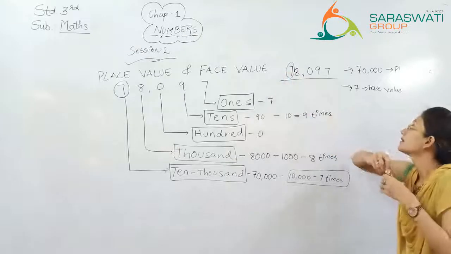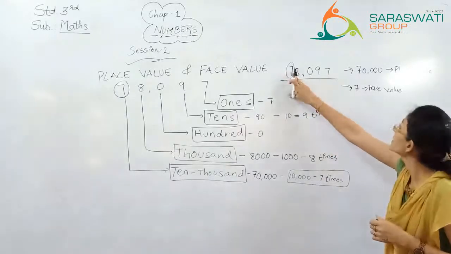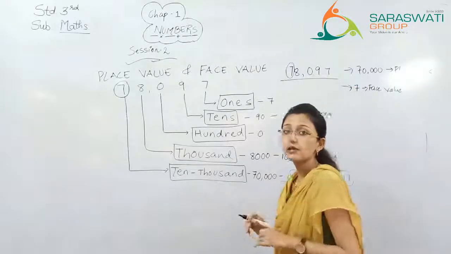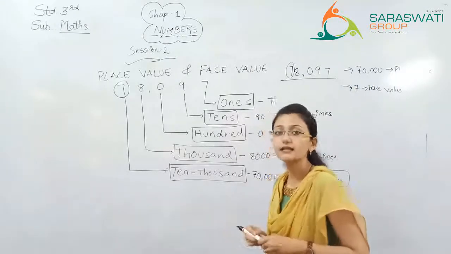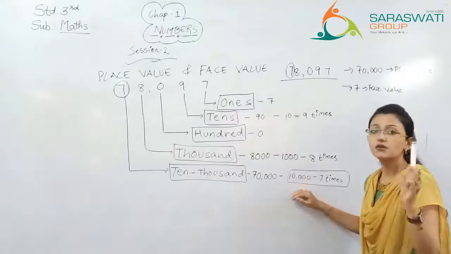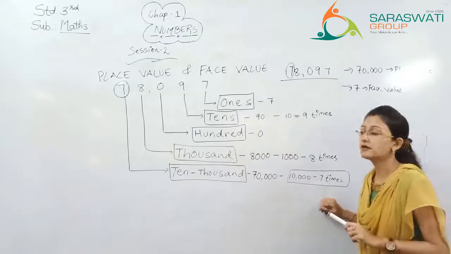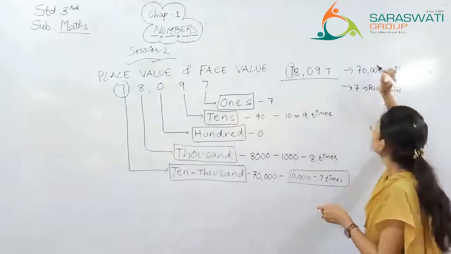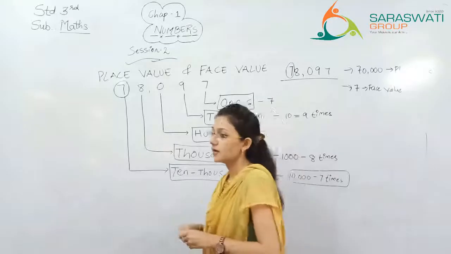Then you will write that the place value of 7 is 70,000. How will you write it? You will write 10,000 repeated 7 times is known as 70,000. So here you will write 70,000, which is the place value.